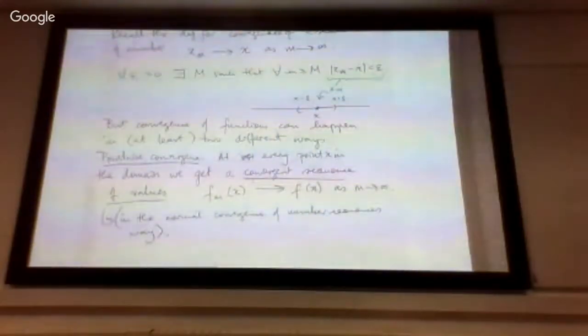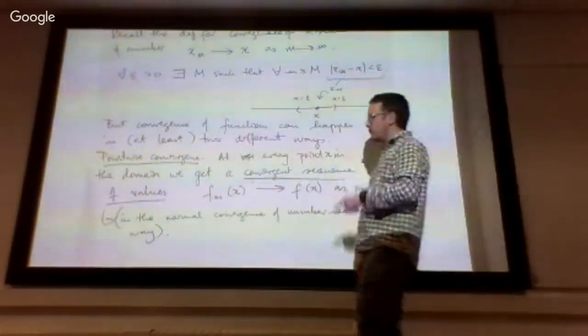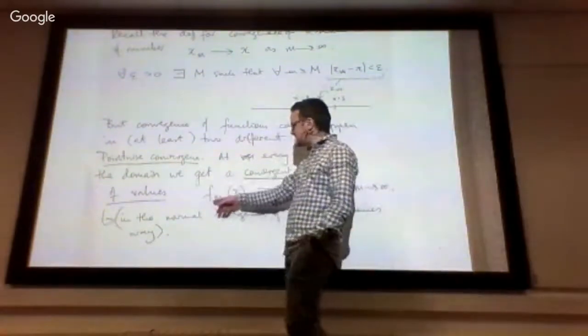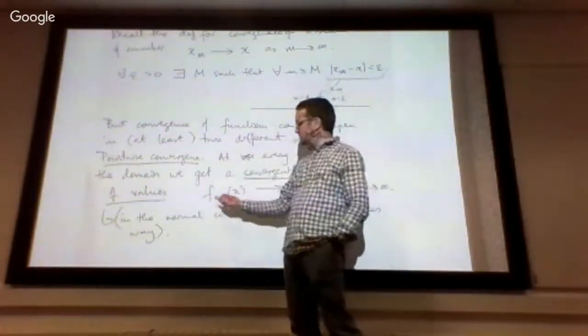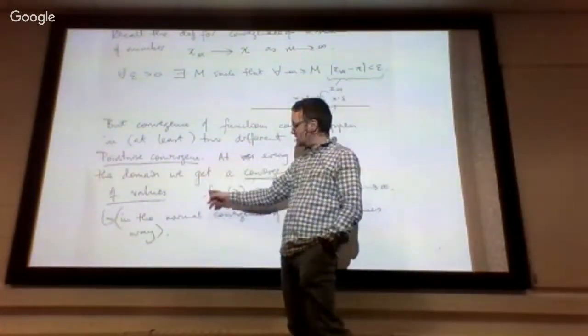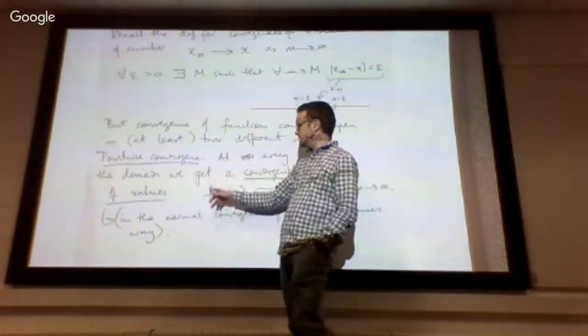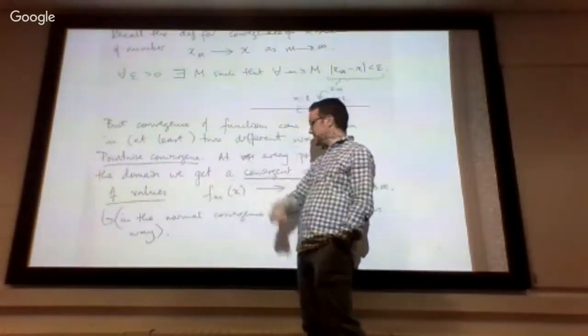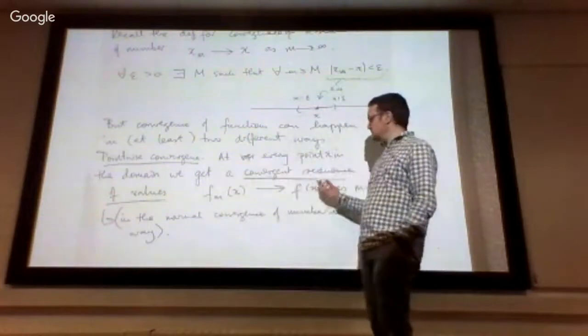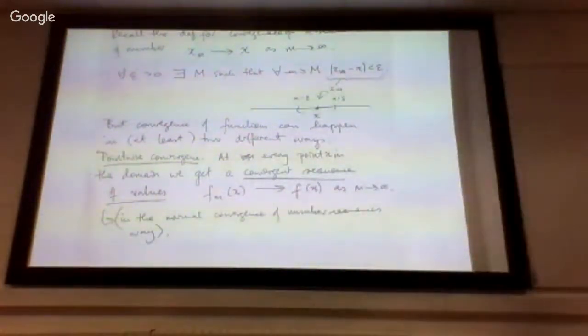So that's what's called pointwise convergence. You focus on a single point and you ignore the rest of the world, and then at that single point you get a sequence of numbers, the values of each of the sequence functions evaluated at x, that converges to the final number f(x).